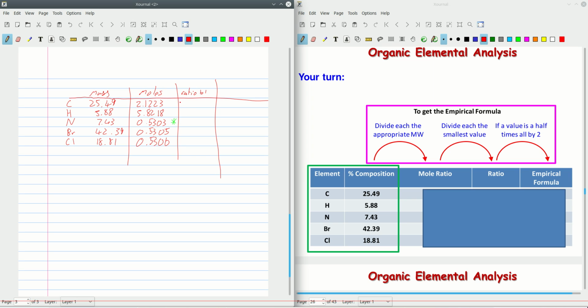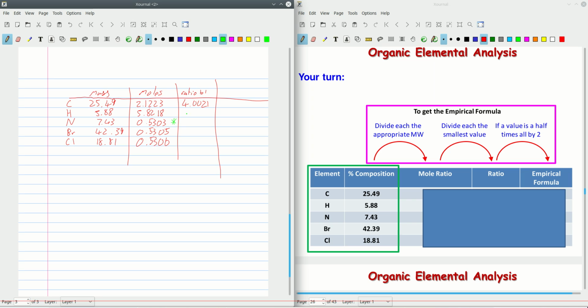So let's ratio to 1. 2.1223 divided by the smallest, which is 0.5303, gives us 4.0021, which is close enough to be 4.